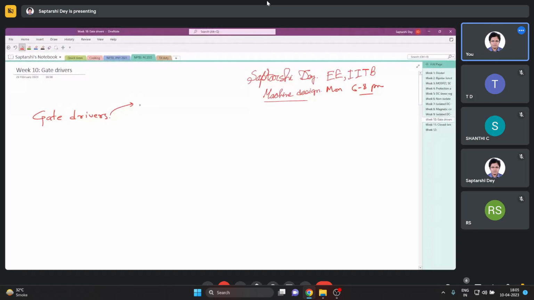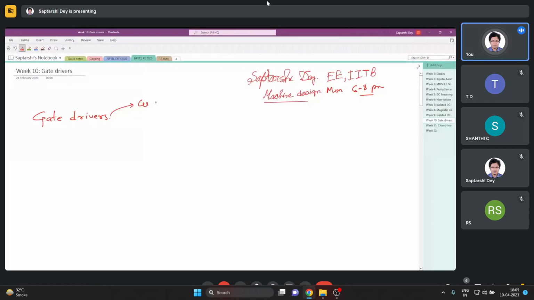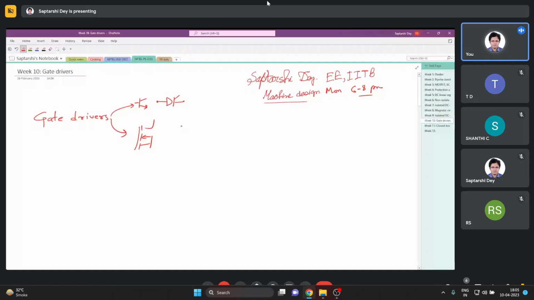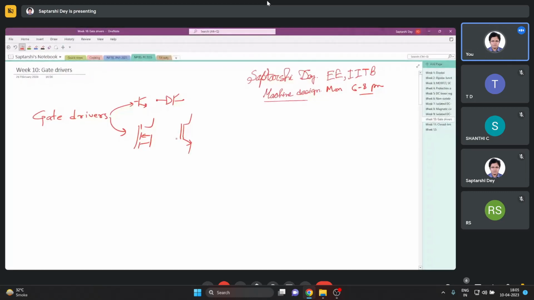Broadly speaking, for silicon devices, there are two types of gate drivers. One is for BJTs or for thyristors, that is for the current control devices, and the other is for MOSFETs or IGBTs, that is for voltage control devices.